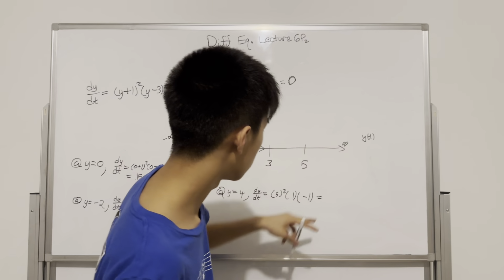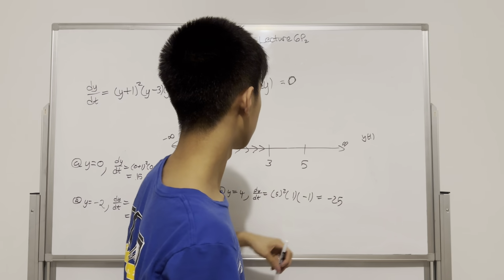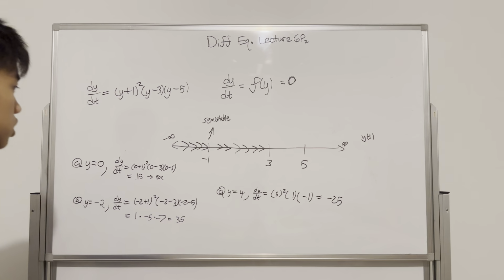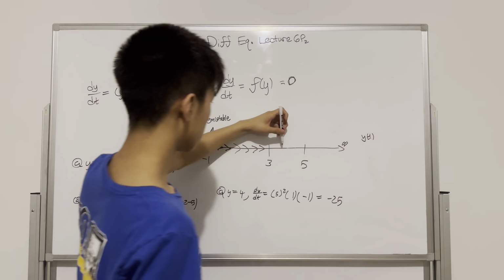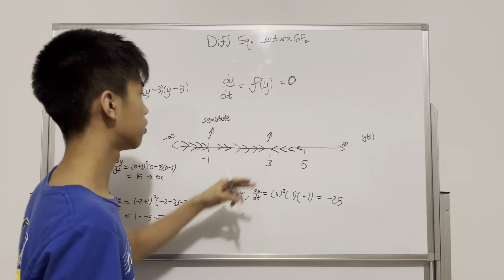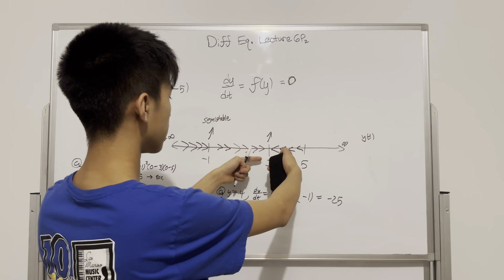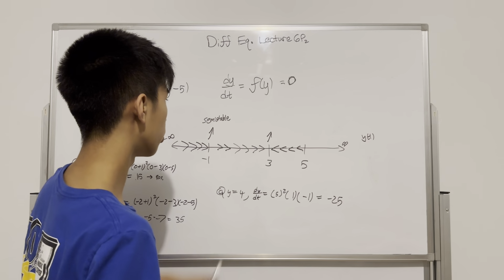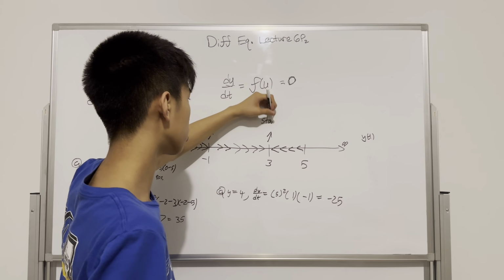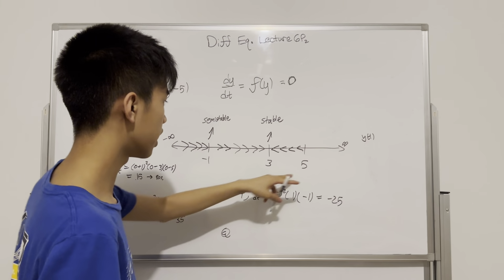So this becomes negative 25, or a negative number. So here it's going to tend towards 3. And if from both sides solutions or points are tending towards that equilibrium point, then you call that a stable equilibrium point.